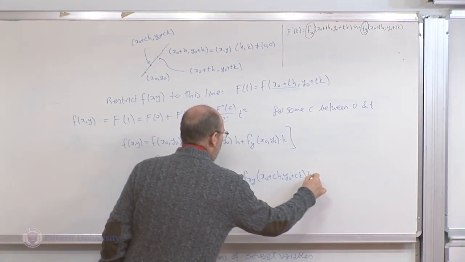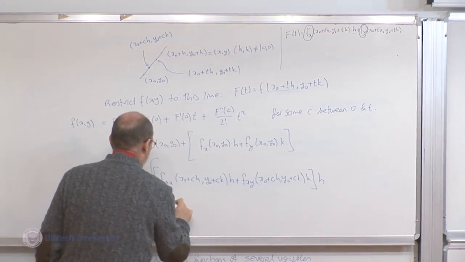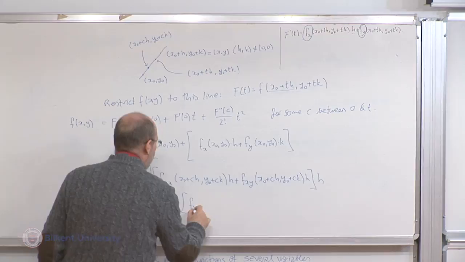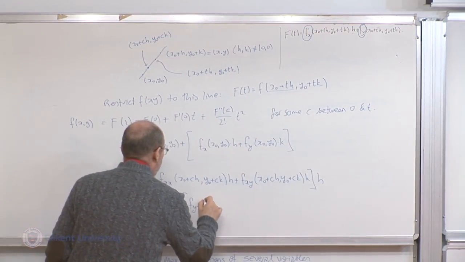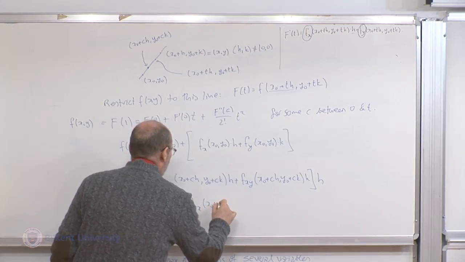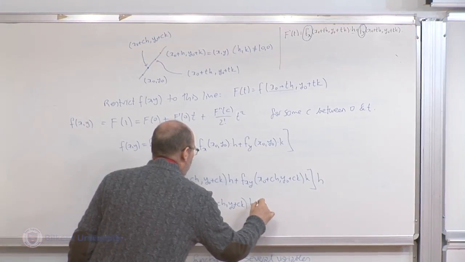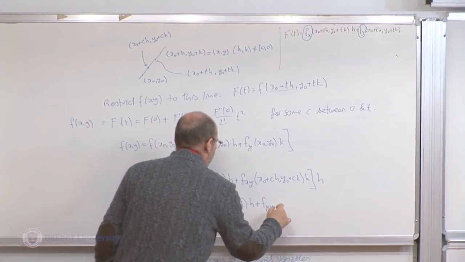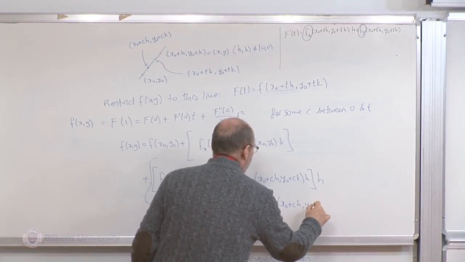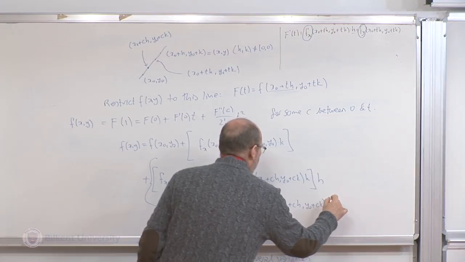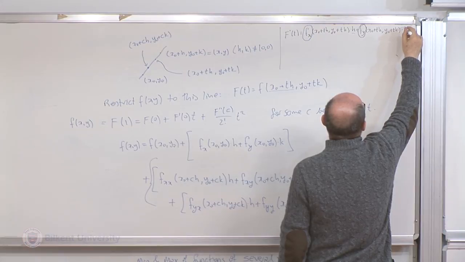and I don't forget that there is this h here, plus I'll do the same thing with this function. I take its derivative with respect to x, evaluate it at this unknown point, times h, plus f_y at x sub 0 plus ch, y sub 0 plus ck times k, and this whole thing was multiplied by k here, which I forgot.